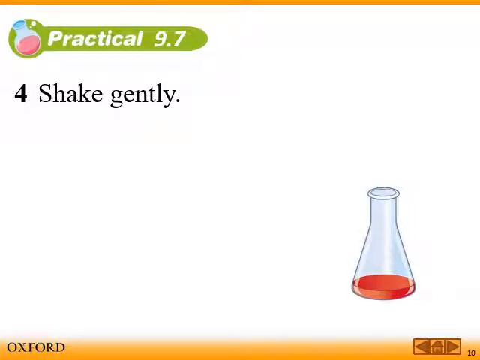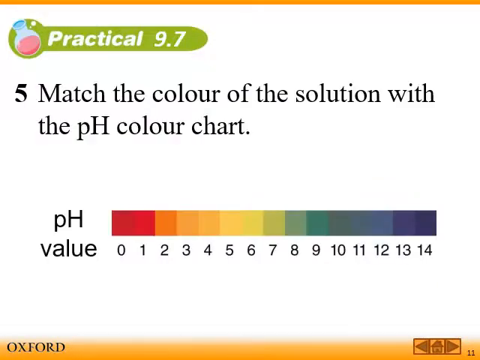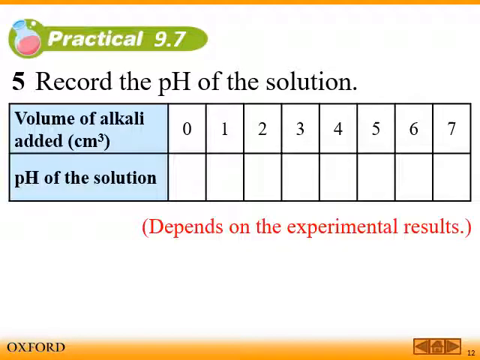Whenever we add the sodium hydroxide solution, we'll have to shake the flask gently and match the color of the solution with the pH color chart again to get the approximate pH value. We will have to record the pH value of the solution in this table.